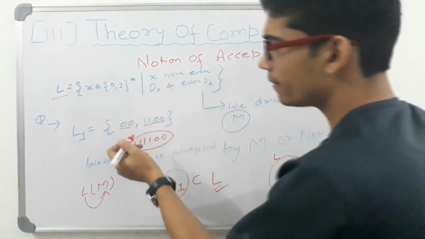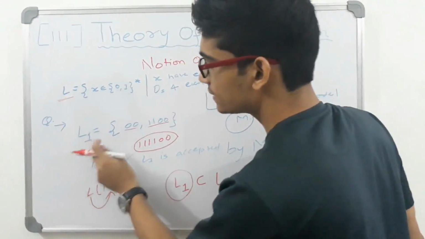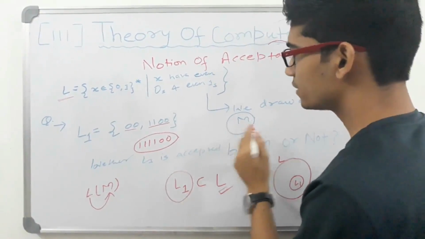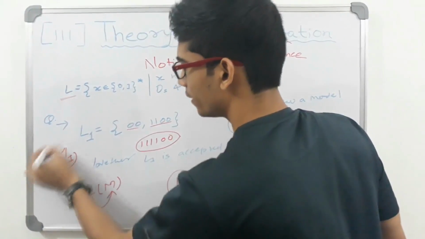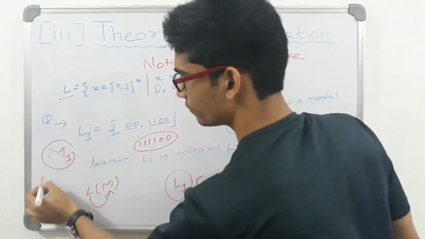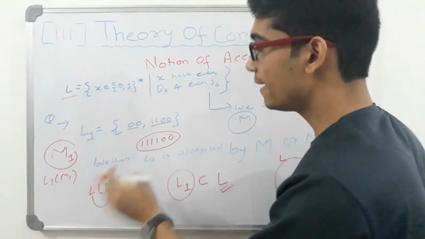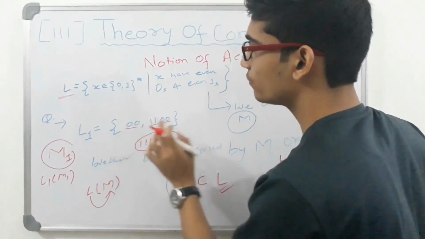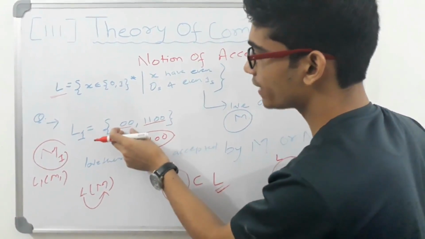We can separately draw a model for L1, and that will be different from M. So this is M, and we separately draw a model M1, then L1 will be accepted by M1. One more important point you should notice is that this is finite, you have a finite number of strings.